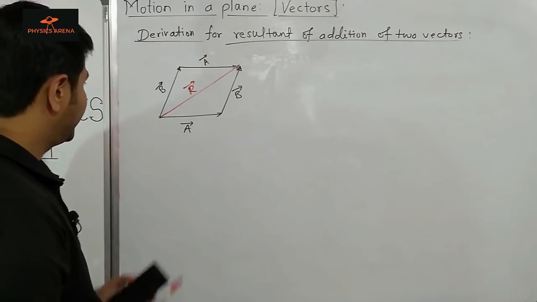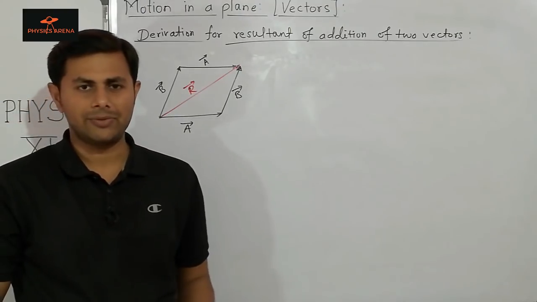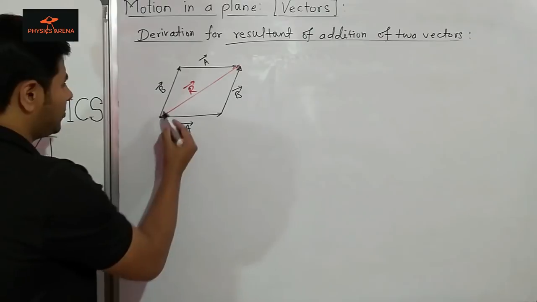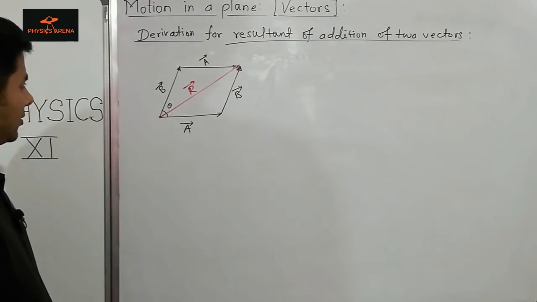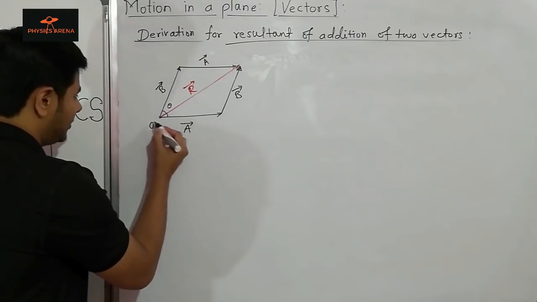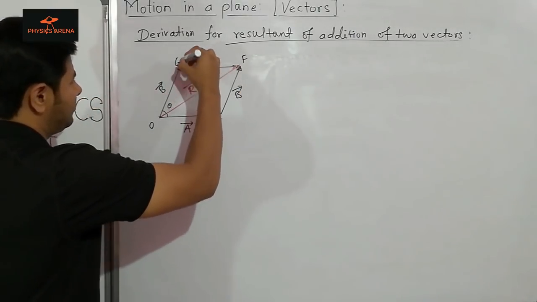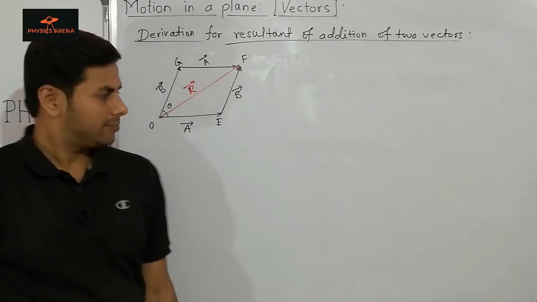So we have to find the magnitude of the resultant, given the magnitudes of A and B and the angle between A and B. Suppose the angle between A and B is theta. Let's call these points O, E, F, G. Now how do we proceed?